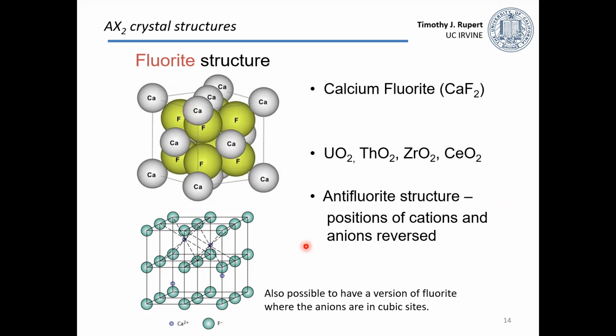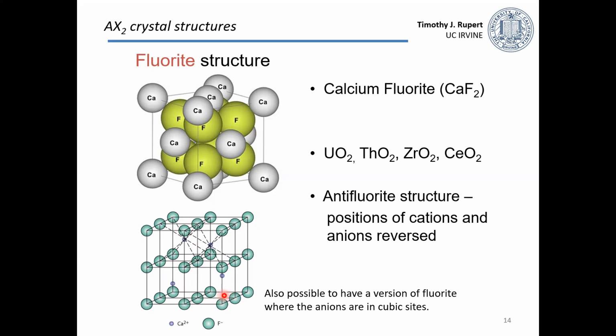Okay. Finally, I want to mention that it is possible to have a different version of the fluorite, which has a cubic type of site. So in this case, the fluorine atoms are on the outside. And then in this case, there's 1, 2, 3, 4, 5, 6, 7, 8 cubes.